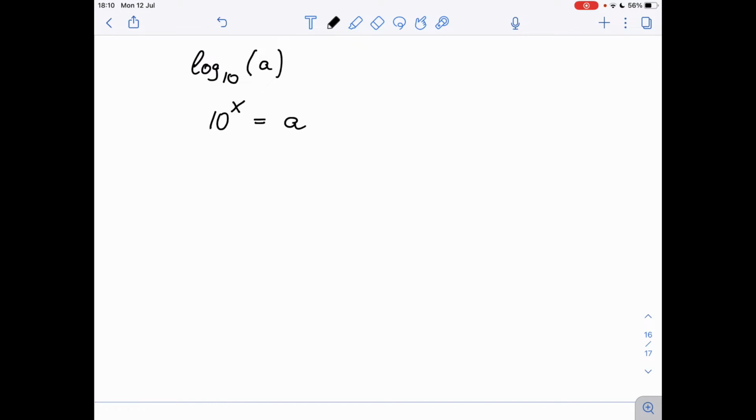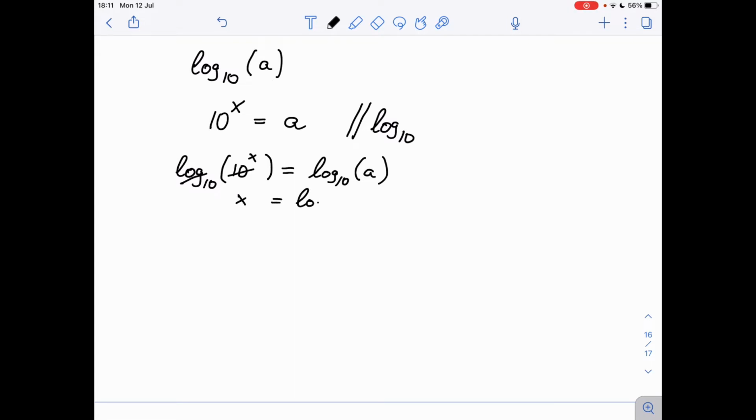Therefore, we took log 10 of both sides: log 10 of 10 to the power of x equals log 10 of the value a. And we said this log 10 and 10 cancel out, and therefore we've got x equals log 10 of a.